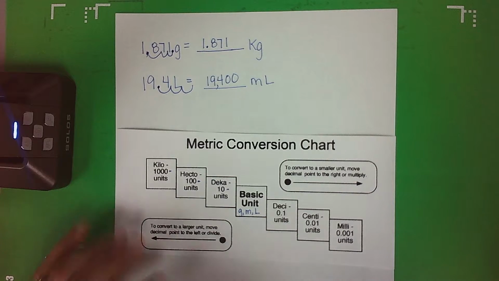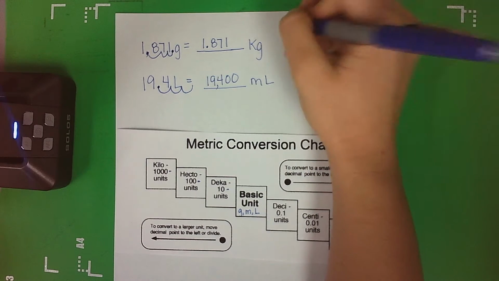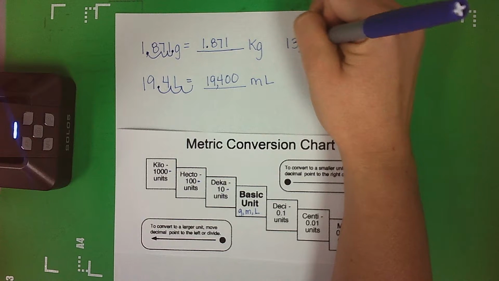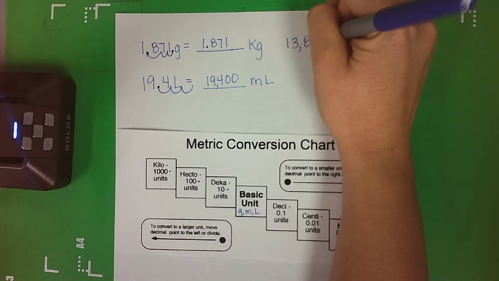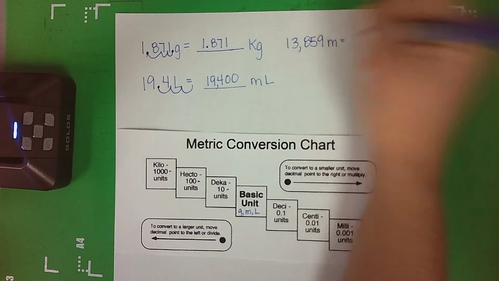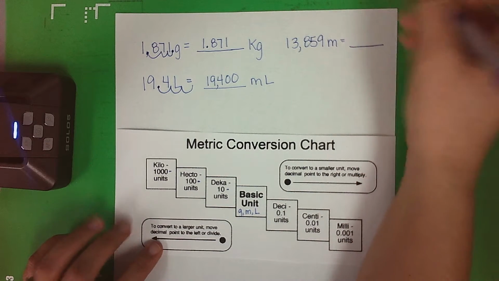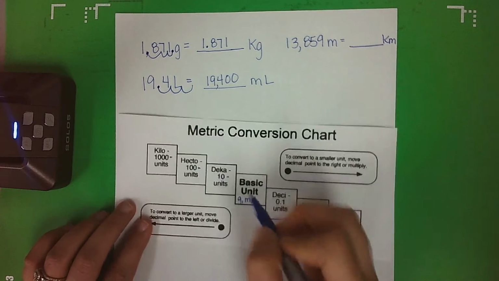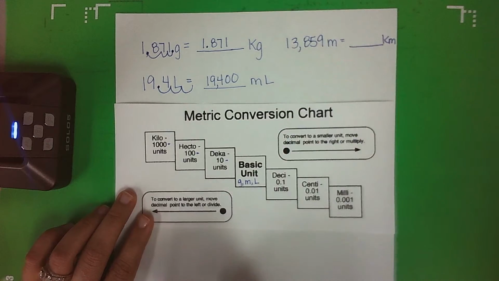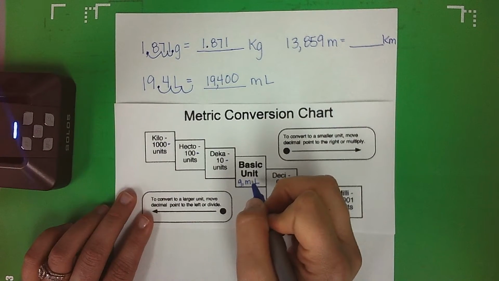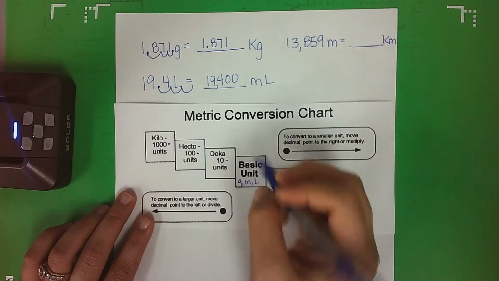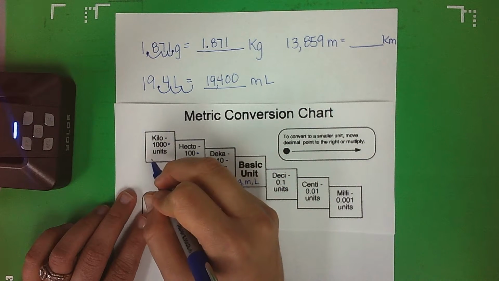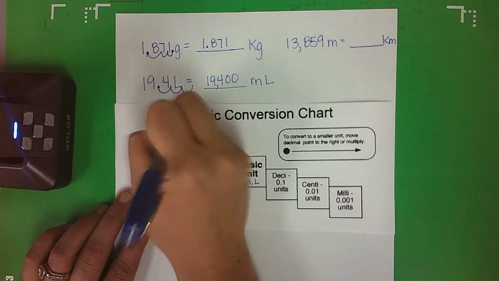So let's try another one. I have 13,859 meters. How many kilometers is that? Okay, I'm starting at meters. That's what's on the left side here. That's what I'm starting with. So I'm starting at meters and I'm going to kilometers. So I'm moving my decimal to the left. 1, 2, 3. Because this is where I want to end.